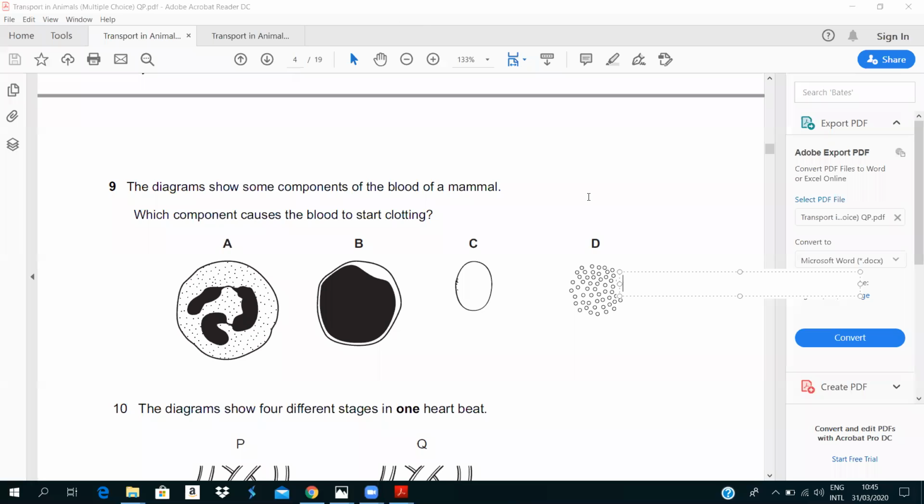And why? Because here there is a blood clot. What is this called? That is the red blood cell. What are blood platelets? Blood platelets are about blood clotting. Understand? So that is called the blood platelets.